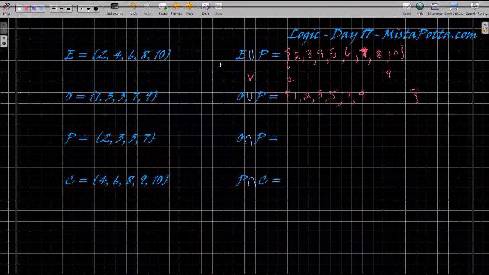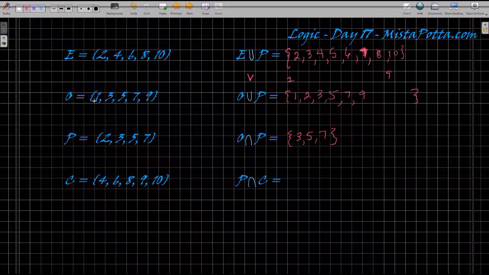And I mention that because when we're doing the intersection, I want you to notice that they tend to be smaller. So I've got O intersect P. I want the elements that are in both of these sets at the same time. And the only numbers that are in both of these sets are 3, 5, and 7.